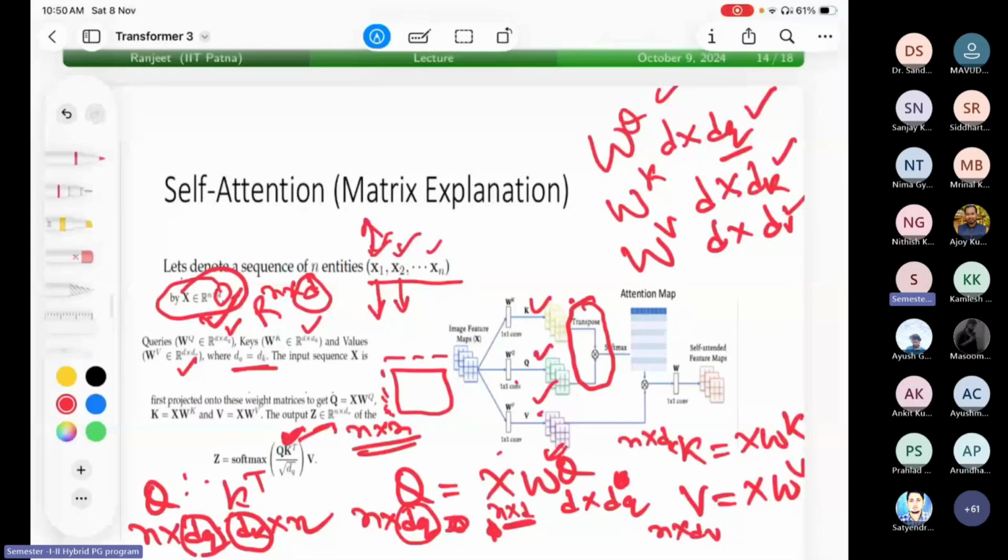And then we divide by the root of dq, the dimension of dq. This is normalization. Whatever the size is here, we take the square root of it and divide the whole term Q into Kt by it.